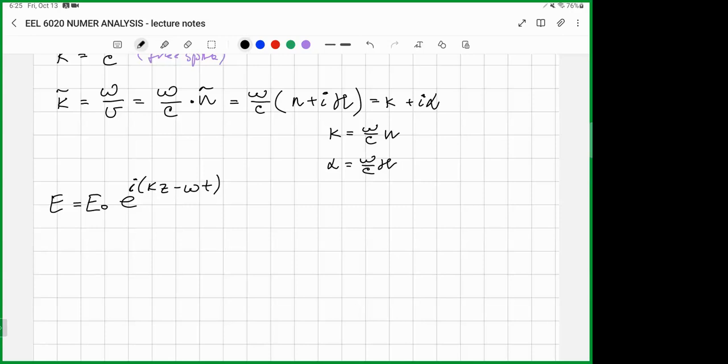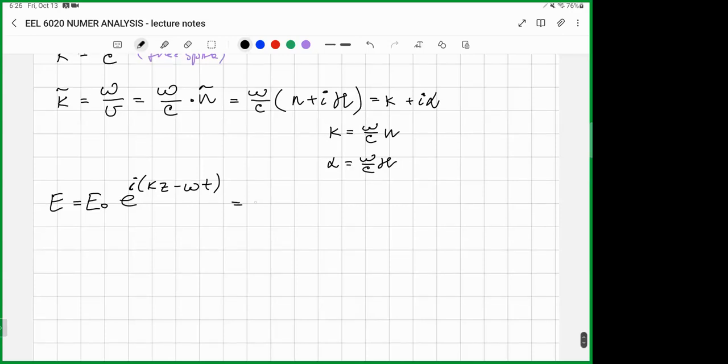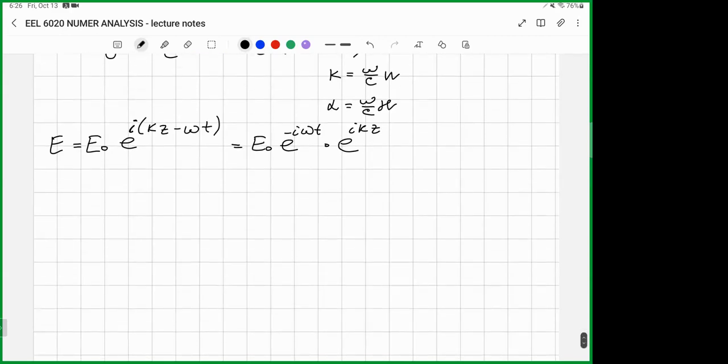We can rewrite it by parts in this form: e to the power of i omega t times e to the power of i k z. And now I closely look at this part: e to the power of i k z.